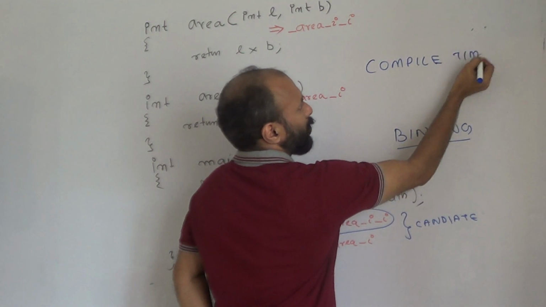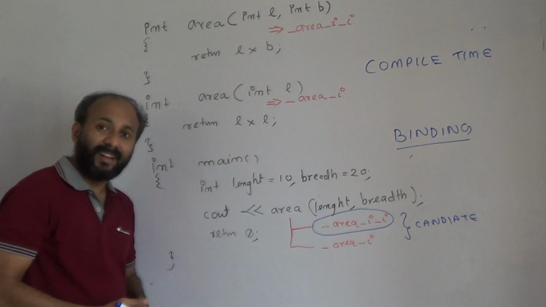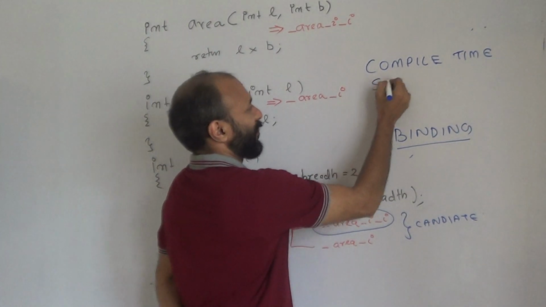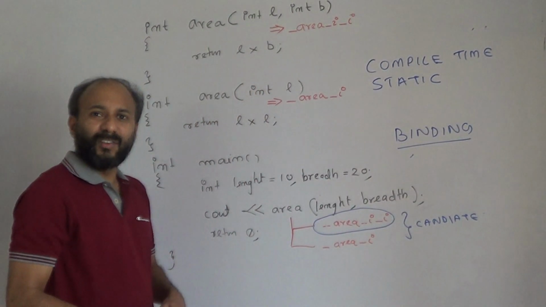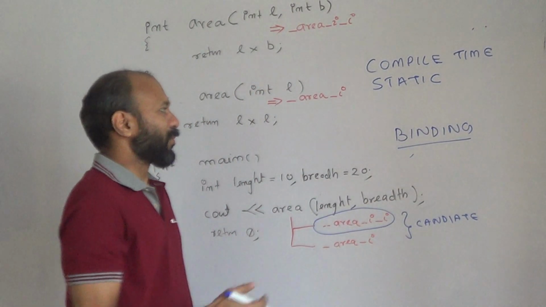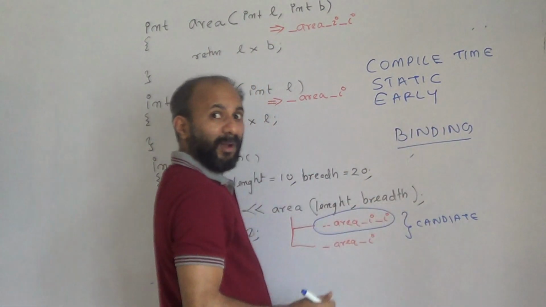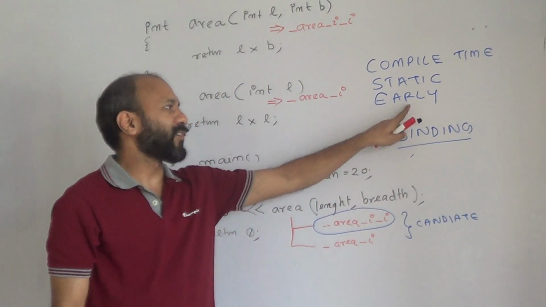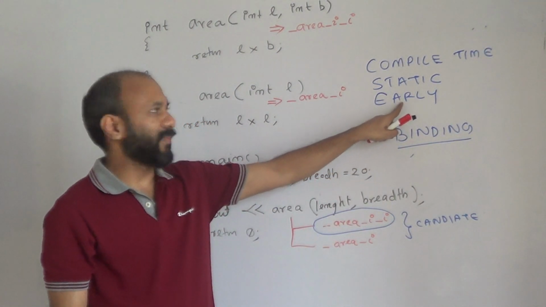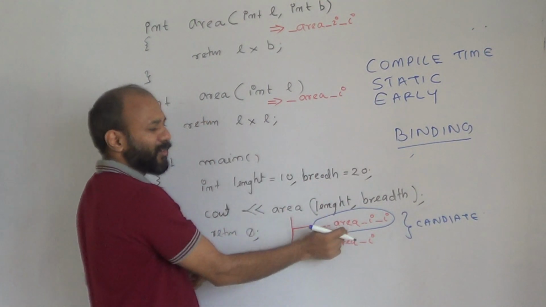Compile time polymorphism. And this is also known as static binding polymorphism. It is also known as early time polymorphism, since compilation is the earlier stage of program execution. Static binding means this call will always bind to this function only.